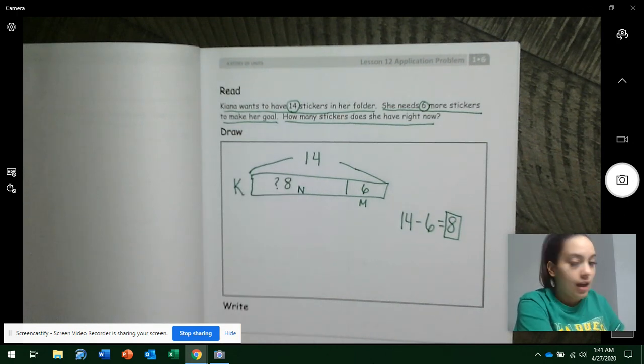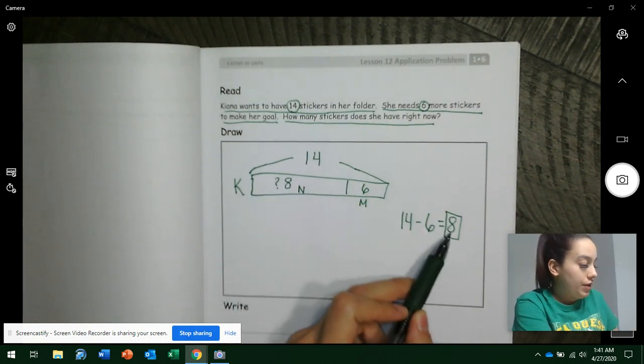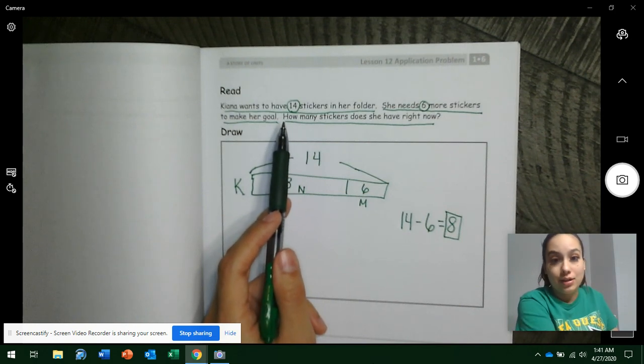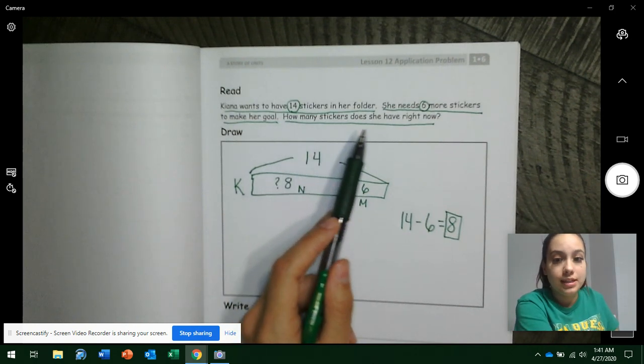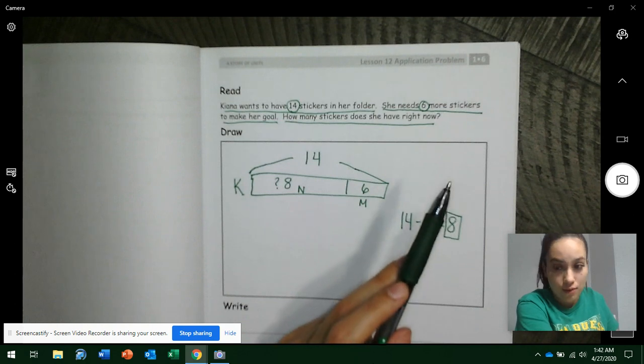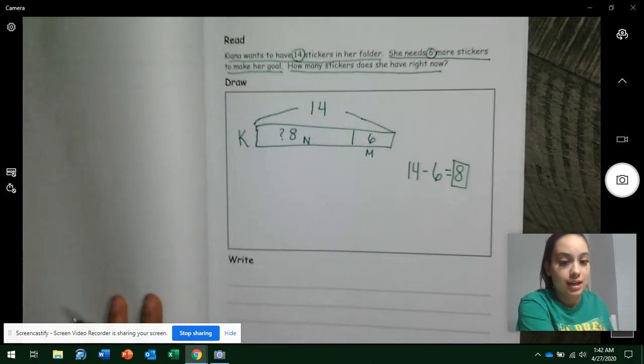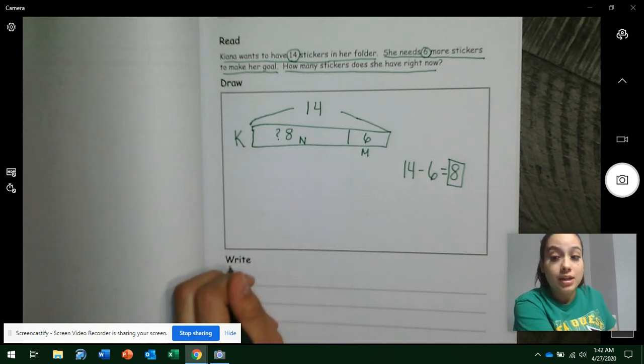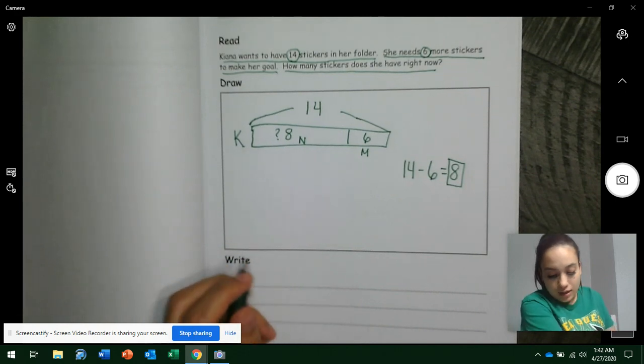And now, as you can see, we already figured out, we already answered the question. Now let's write a statement to answer the question. It says, how many stickers does she have right now? So we're going to write a statement using words. So we're going to write together. I write, you write.